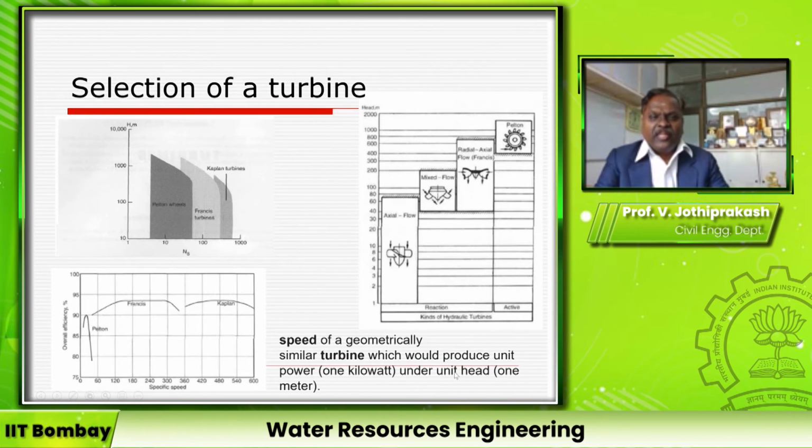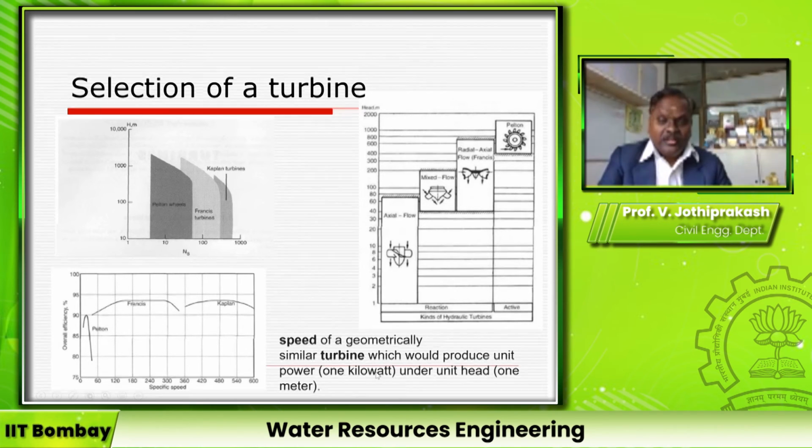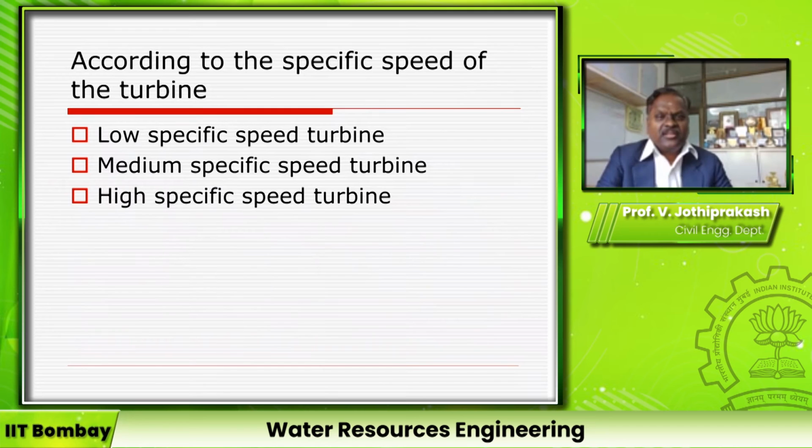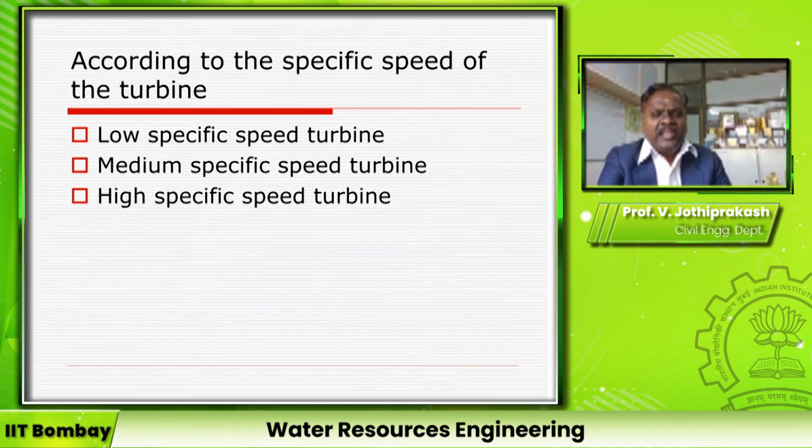This is the rated head. That means the speed of the turbine which produces unit power, 1 kilowatt, under unit head is called the specific speed of the turbine.